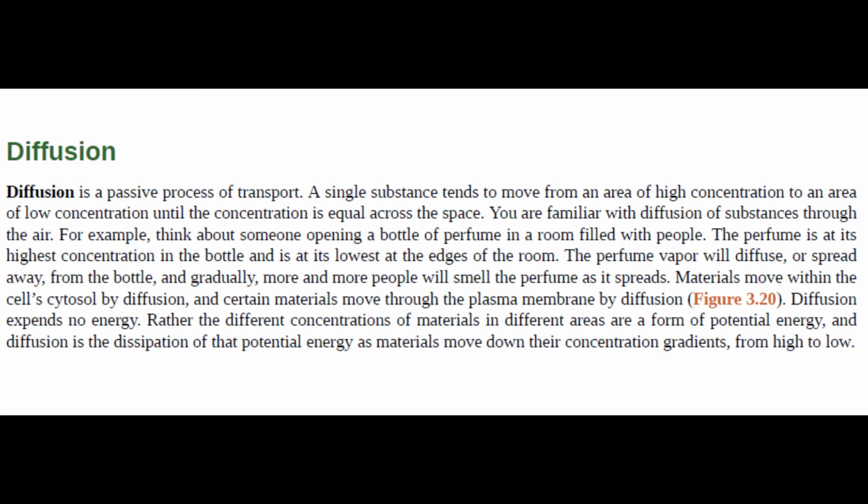Materials move within the cell's cytosol by diffusion, and certain materials move through the plasma membrane by diffusion. Diffusion expends no energy. Rather, the different concentrations of materials in different areas are a form of potential energy, and diffusion is the dissipation of that potential energy as materials move down their concentration gradients from high to low.